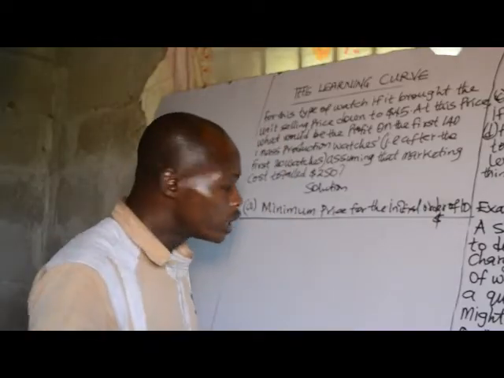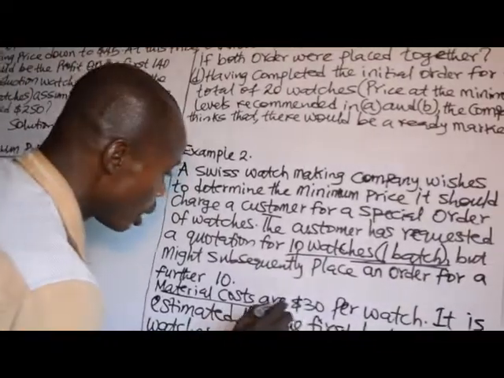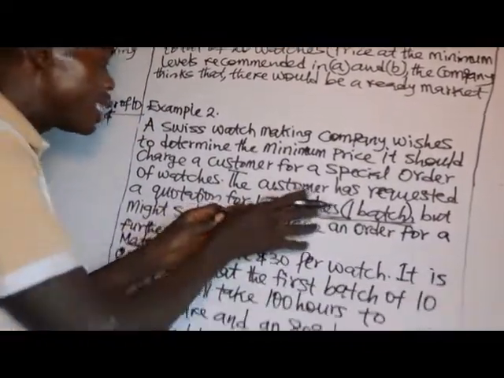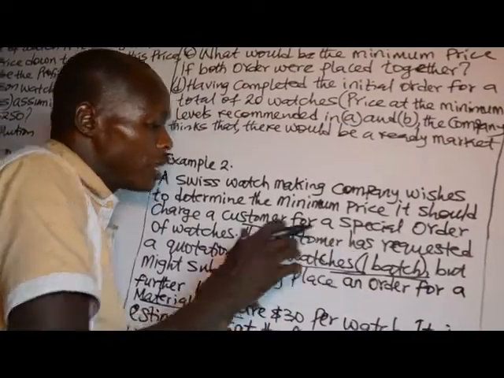The cost includes material cost of $30. Remember, this is the first production. The first production is in batches of 10.